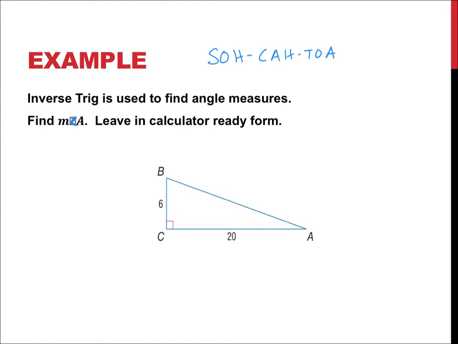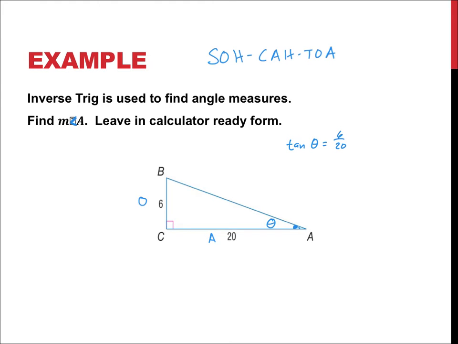So if I need to find angle, theta is right here. And I have the opposite and my adjacent. Opposite and adjacent. So I'll be using tangent. So the tangent of theta is equal to opposite 60 over 20.